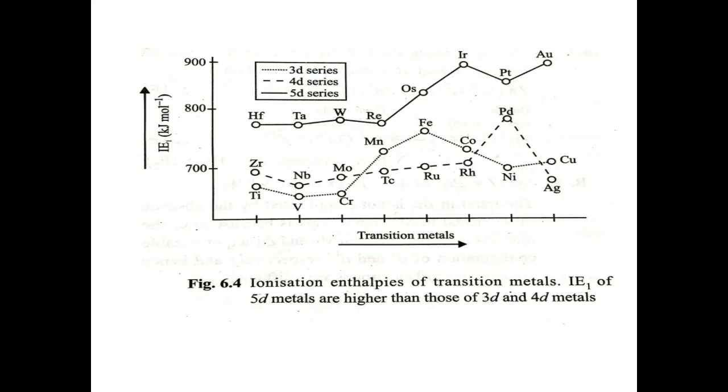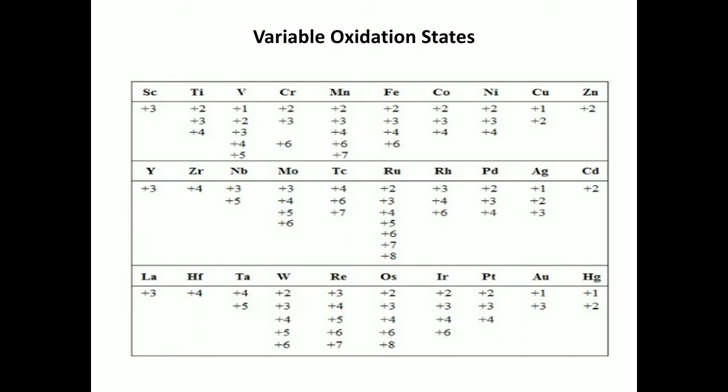Next slide, variable oxidation states. Generally, oxidation state is the charge present over an atom. Oxidation state indicates the combining capacity of an element.